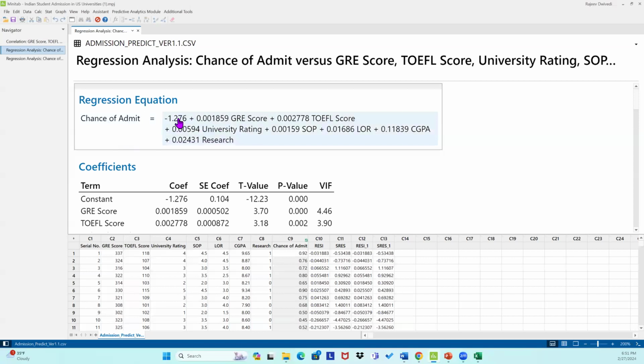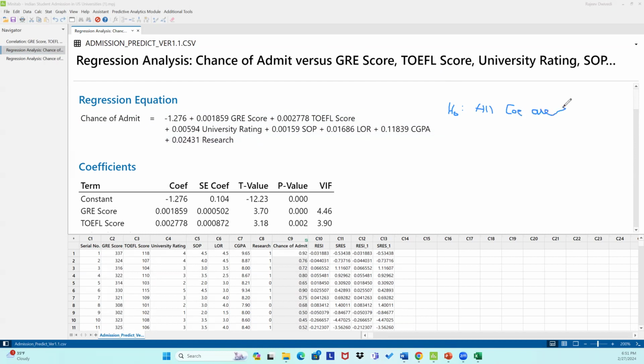Now we want to see whether, like our null hypothesis says, H0: all coefficients are 0.